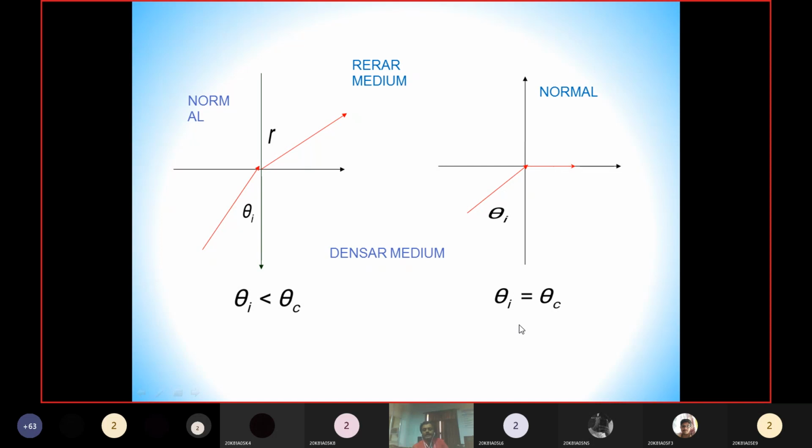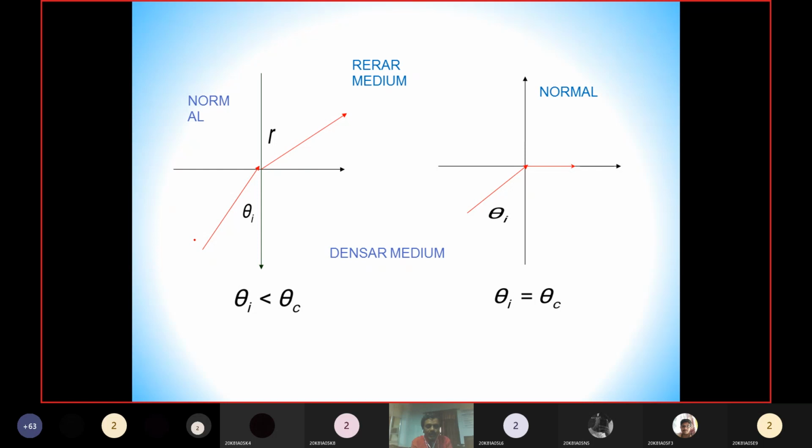Now see here. If theta i is equal to the critical angle, at a particular angle, the incident angle is equal to the critical angle. What we are doing now is increasing the incident angle. I will explain through the diagram. Initially the incident angle will be like this.